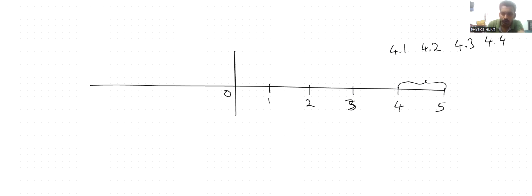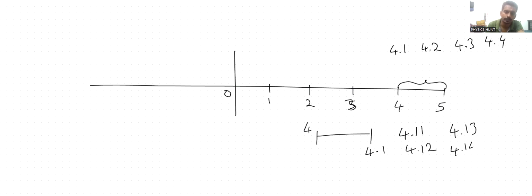Now, if you consider this is 4, this is 4.1. Again, you can divide into parts: 4.11, 4.12, 4.13, 4.14, 4.15, like that. So such numbers are called decimal numbers.